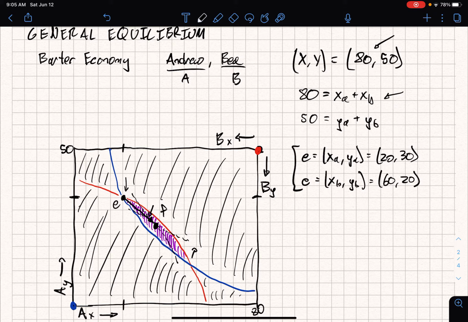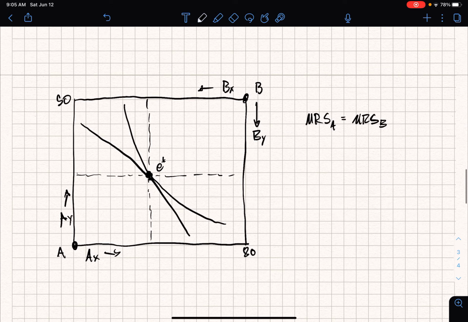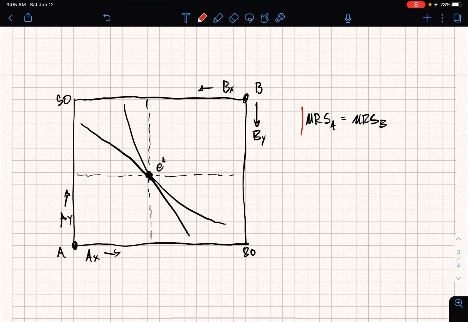So they're willing to trade at a rate equal to the slope of this line. And they end up at point F. And this point F makes them both better. Okay, so we barter and trade, which leads us towards a point like this, where the marginal rate of substitution is equal between the two.